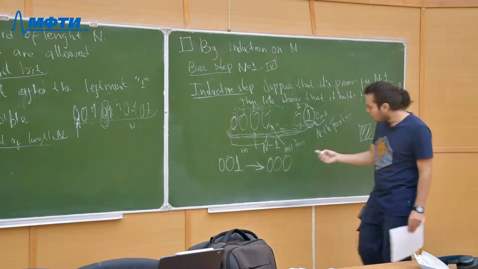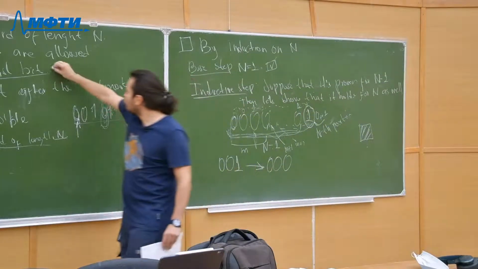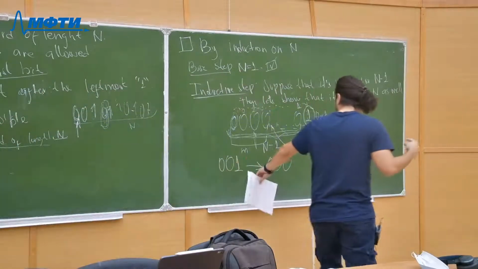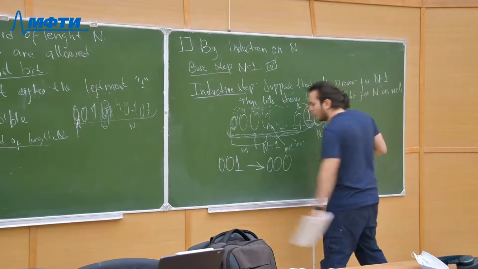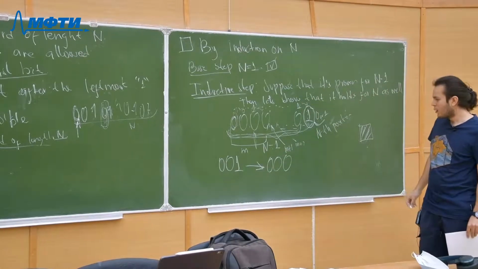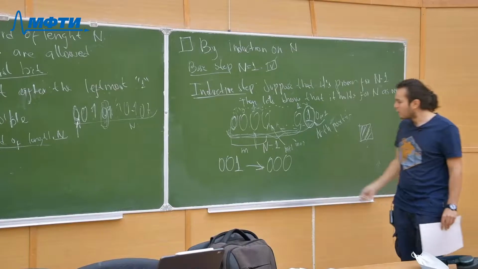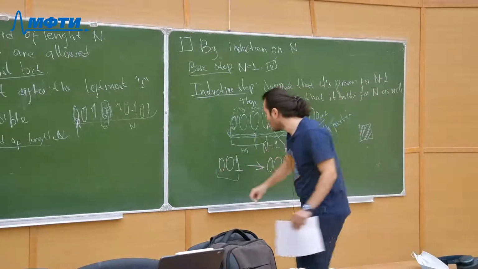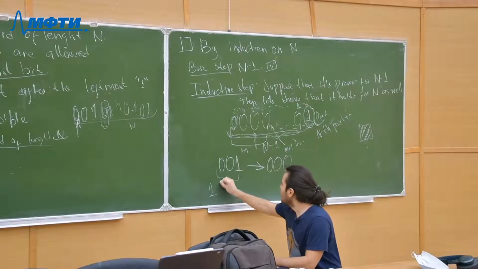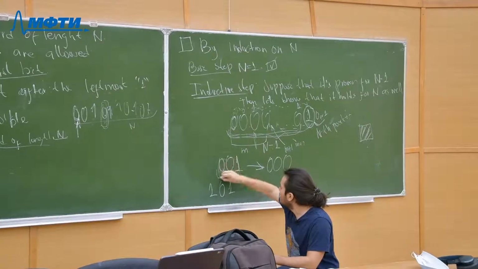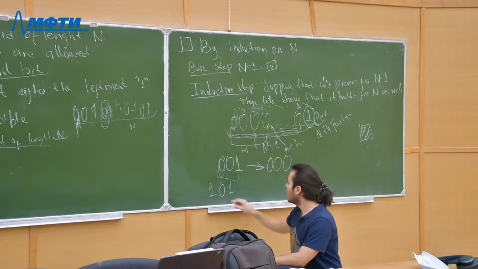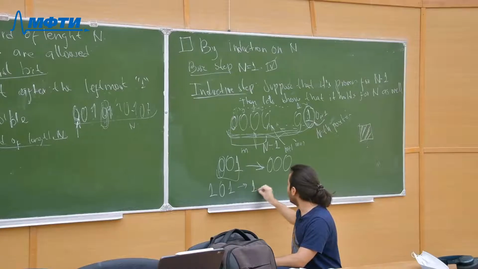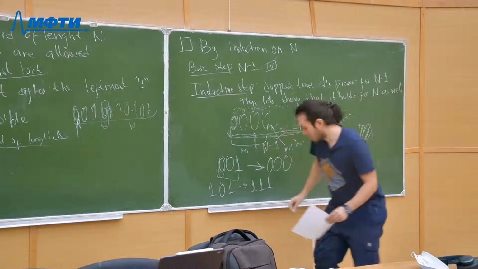I need to apply these two possible operations in order to get 0, 0, 0 from 0, 0, 1. What's the first thing I can do? Of course, I can change this thing here. So I can put 1, 0, 1. So I change the first one, okay? Now I can change this 0 here, and I can obtain 1, 1, 1, right?